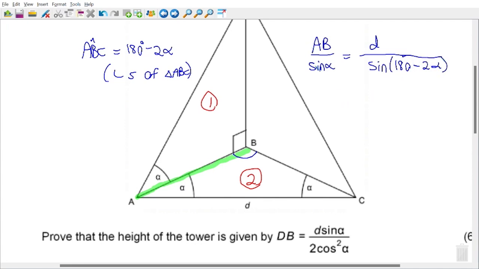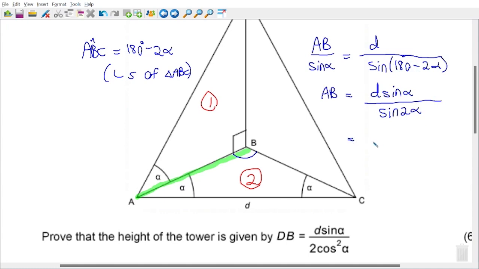AB, I'm going to multiply both sides by sine alpha, so I get D sine alpha. On the denominator, I've actually got sine of 180 minus 2 alpha. That's a reduction formula. We're in quadrant 2, or for horizontal axis. Sine of 180 minus 2 alpha is just sine of 2 alpha.